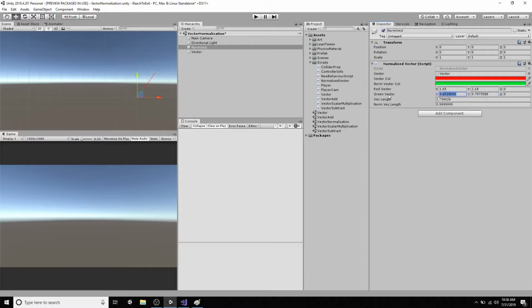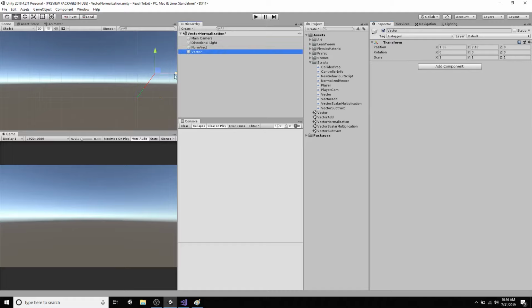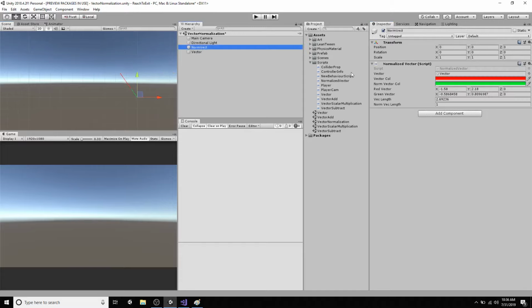And if you compute the magnitude of this green vector, it will always be equal to 1. Let me change it here. Whichever way I change, you see this normalized vector, that is this green vector, -0.5 and 0.8.